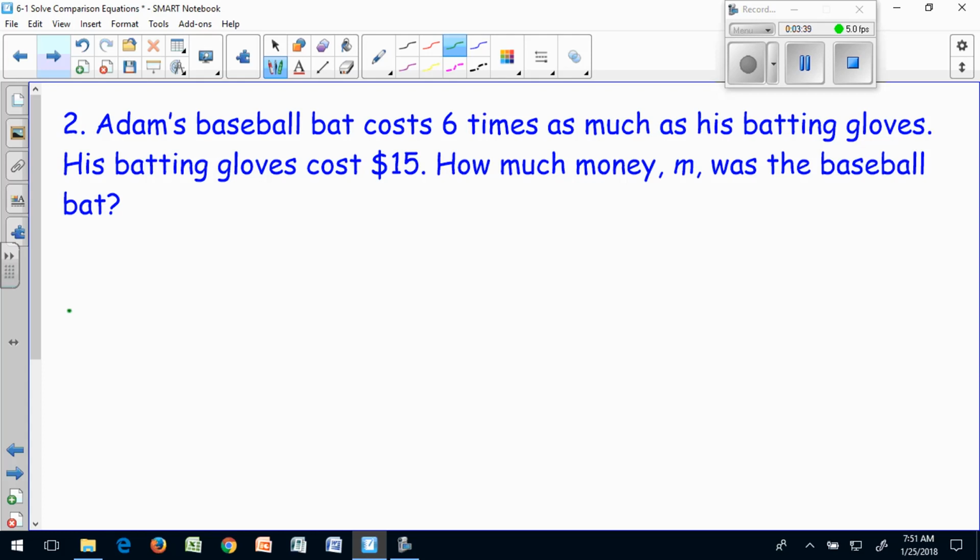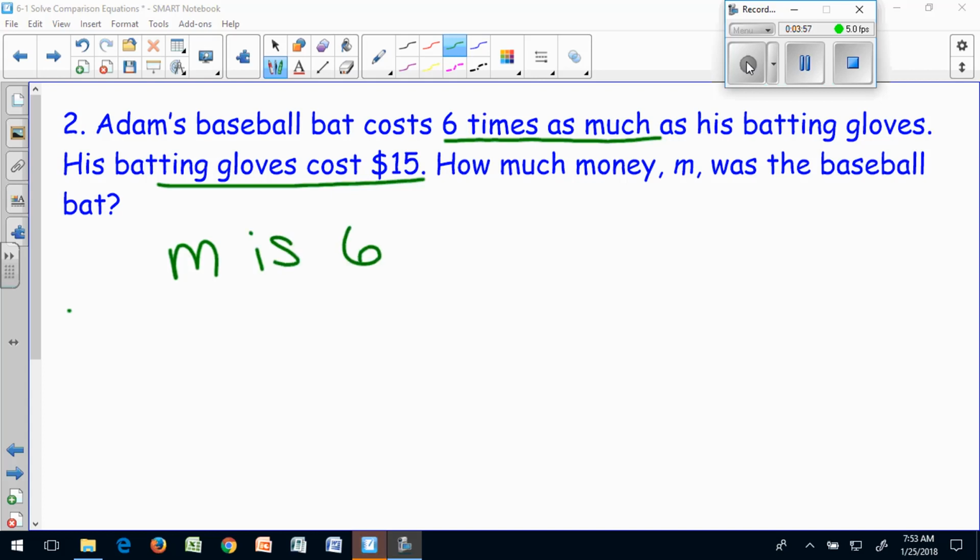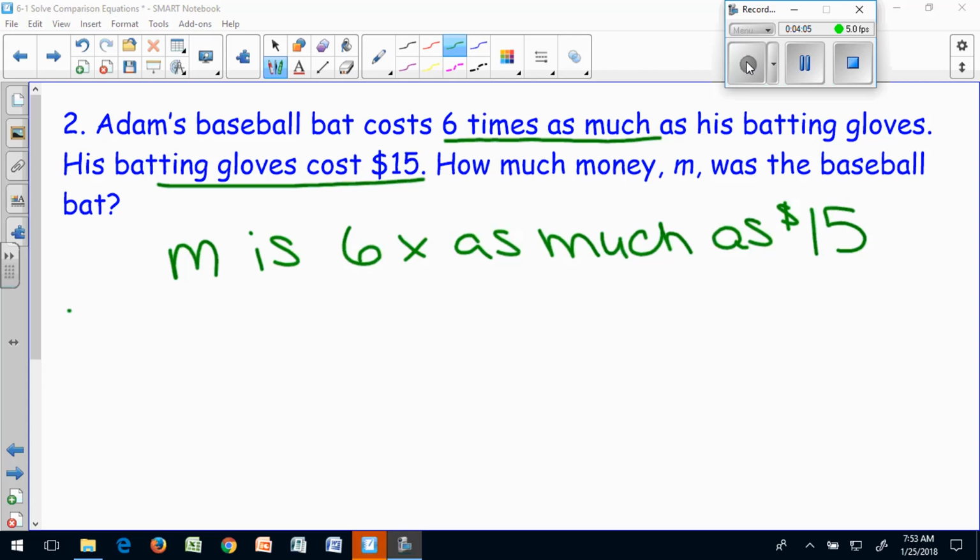So his baseball bat costs 6 times as much. We know that his batting gloves cost $15. And I'm looking for my variable M. I know that M is 6 times as much as $15. So I'm going to set up my equation with my 6 times.